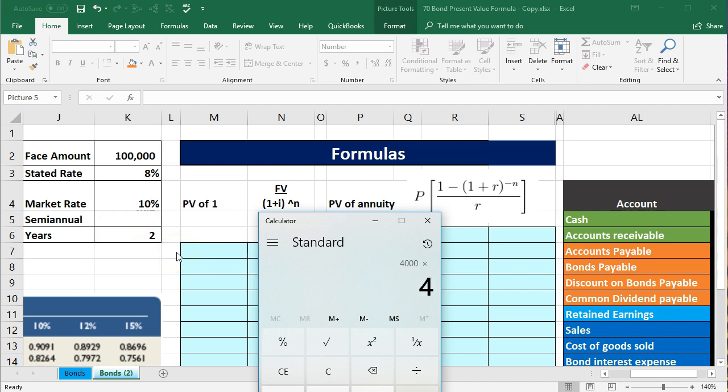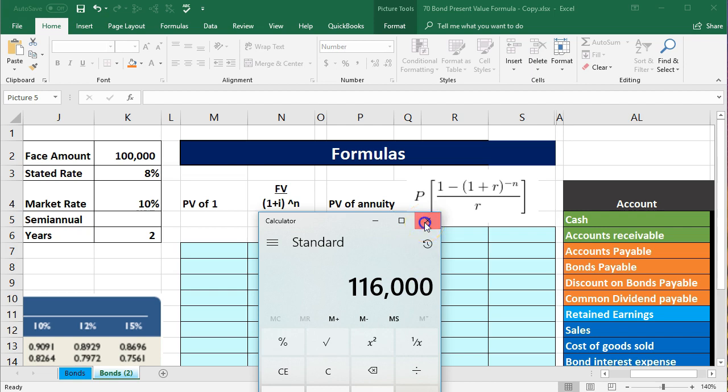So if we took that times 4, we'd get 16,000 plus the 100,000 that we're going to pay at the end. This is going to be the cash flow in terms of dollars that are actually going to go out with relation to this bond. However, the present value is going to be something less than that, of course, because it's sometime in the future. And so in today's dollars, it's going to be something less.